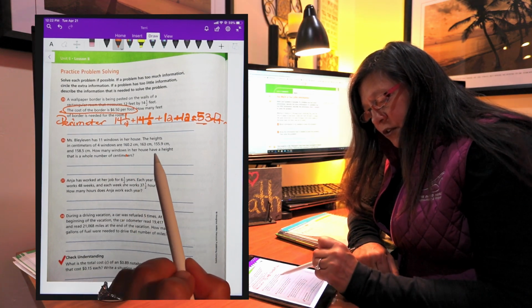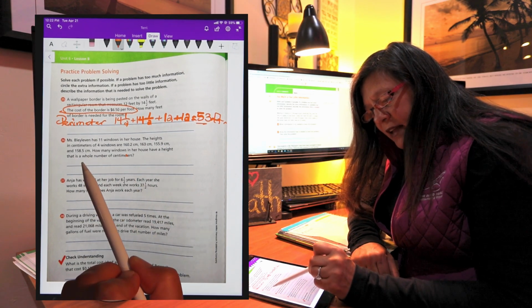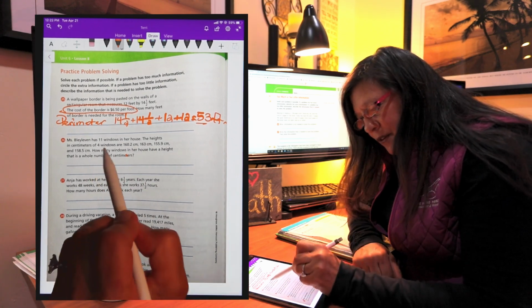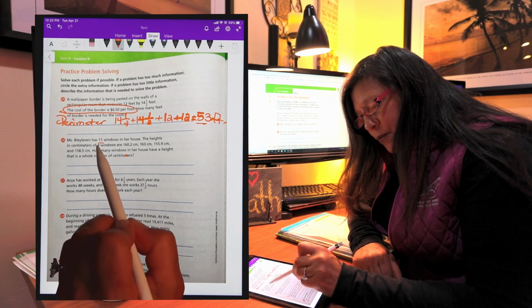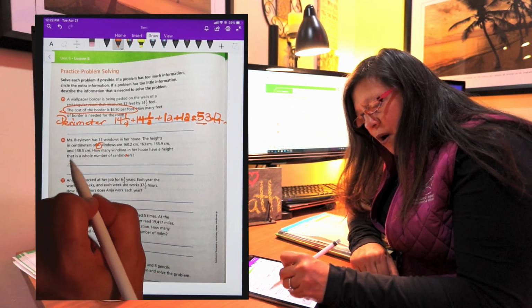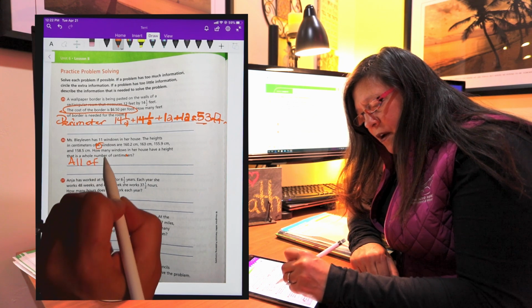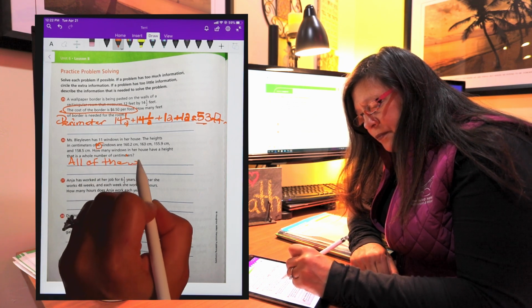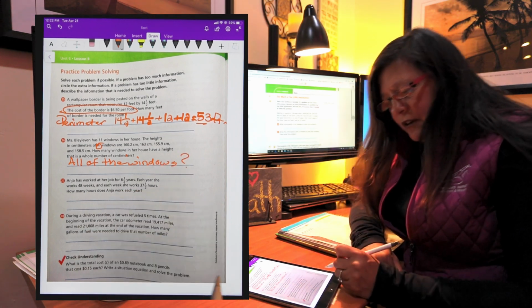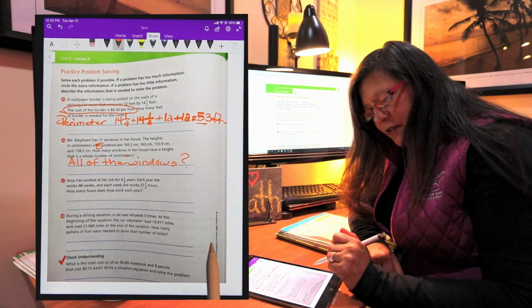How many windows in her house have a height that is a whole number of centimeters? Well, altogether she has 11 windows and we only know 4 of them. We don't know all of the windows. So this one has missing information. We need to know all of the windows to be able to answer that question.